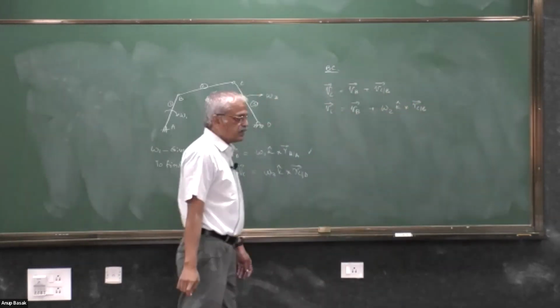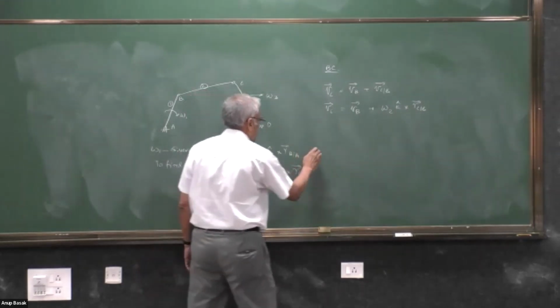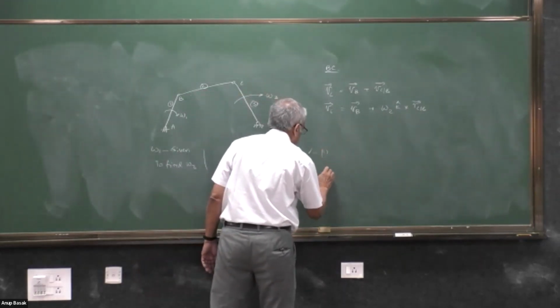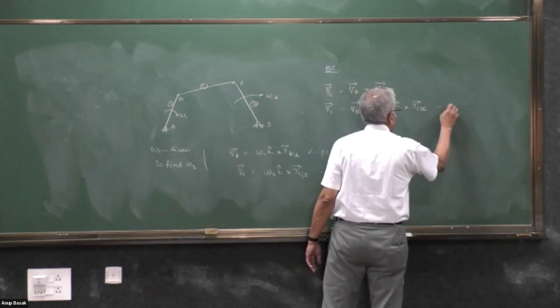You can see that having this relationship, we have 1 here, we have 2, and we have 3 here.